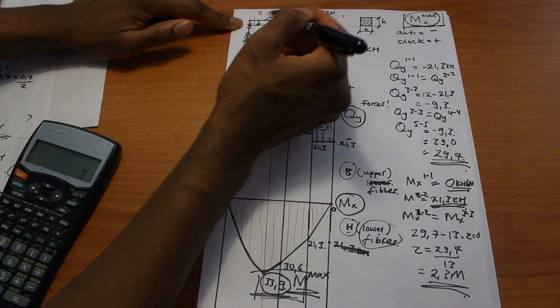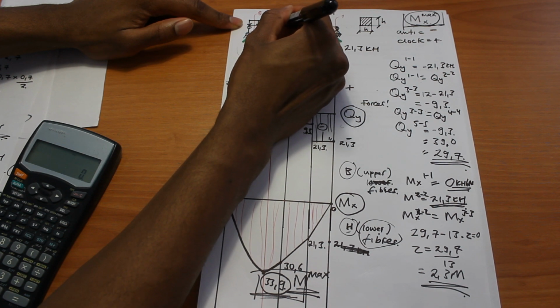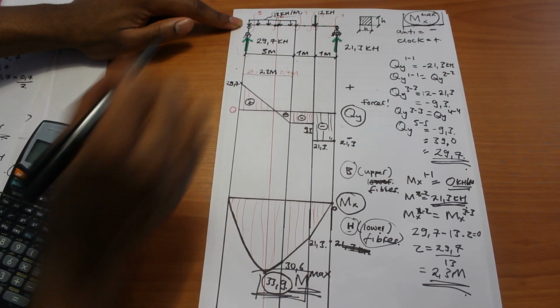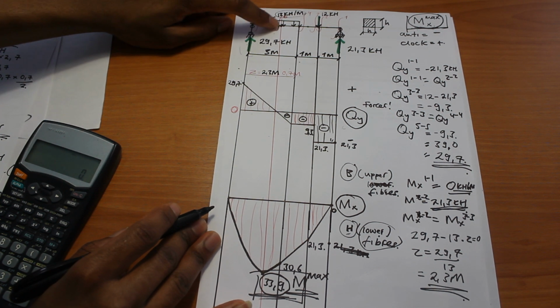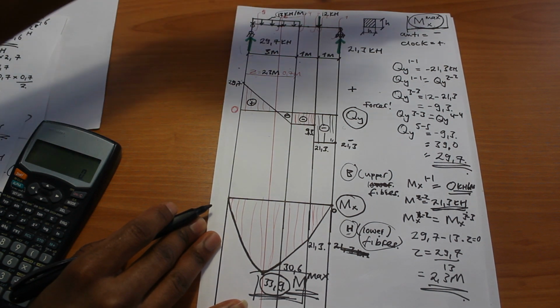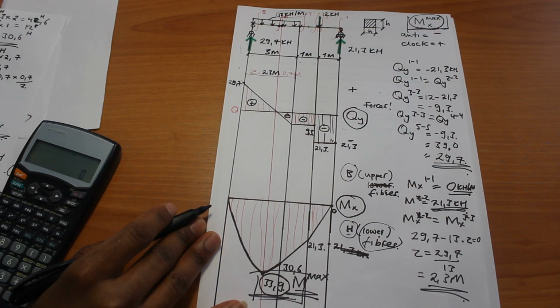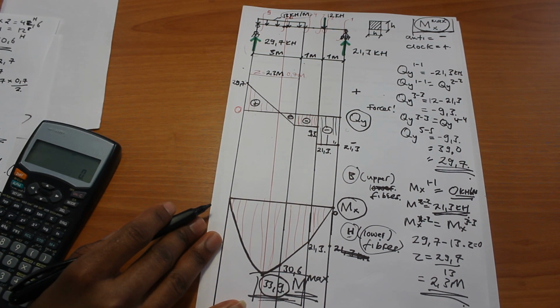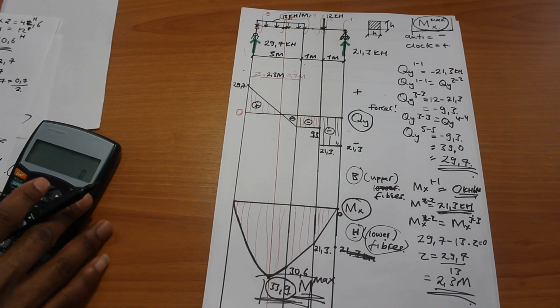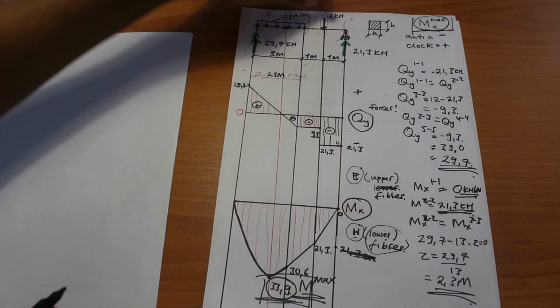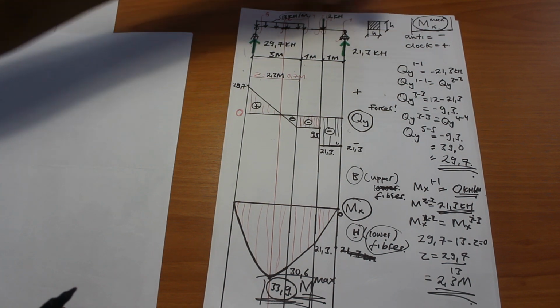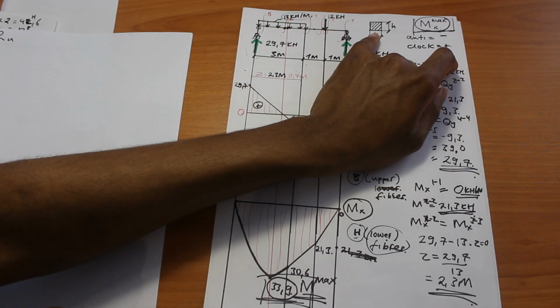It is at this point here, just immediately after cross section 6, where this beam will start bending. So basically this is what our M max entails. But don't forget, our entire job has been to determine the dimensions of the cross section of this beam. So we've been looking for the value of H.